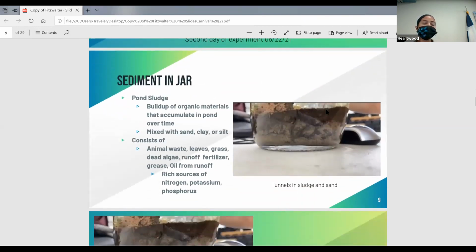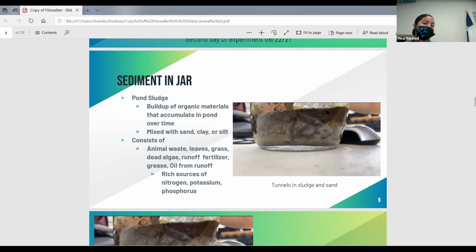To go further into the sediment of the jar, the first layer, which is the top brown layer, is pond sludge, which is a buildup of organic materials such as animal waste, leaves, grass, dead algae, runoff fertilizer, grease, and oil from runoff. And then the bottom layer is sand.